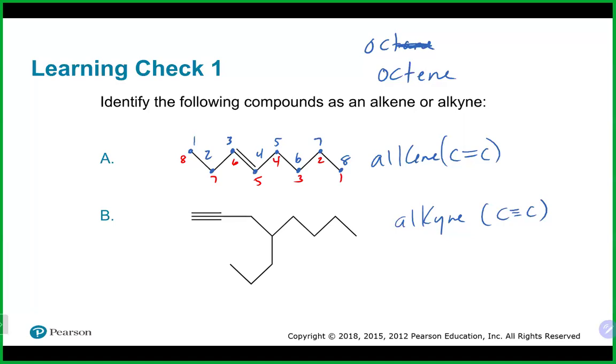Going in the blue direction, my double bond starts at carbon number 3. Going in the red direction, it starts at carbon number 5. So we want to go in this direction since it gives the double bond the smaller number. We add a 3 to get 3-octene. The 3 is the location of the double bond.